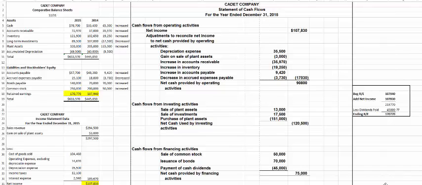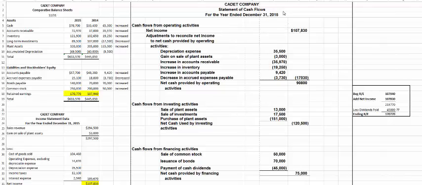All right, let's take a look at putting together the statement of cash flows. You always want to label it with a company name and the name of the financial statement. This is the 4th financial statement. And it is for the same period as that of the income statement and the statement of retained earnings.